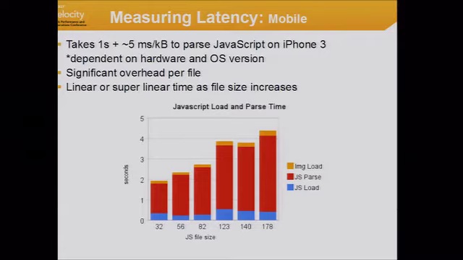The time to load, to parse and execute this JavaScript is linear or even super linear as you get to larger and larger files. So our 180 kilobyte file is here on the right end of the chart. And we can see that even today, it would take 4 to 5 seconds. And a year ago, it would have been more like 7 or 8 seconds, which is why it took so long for the map to even turn gray in that initial example.